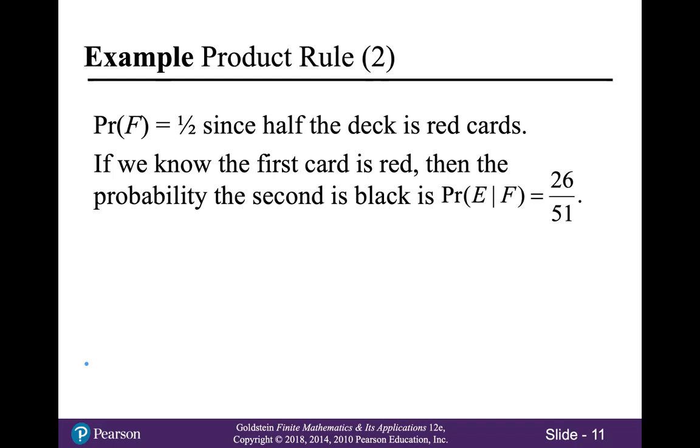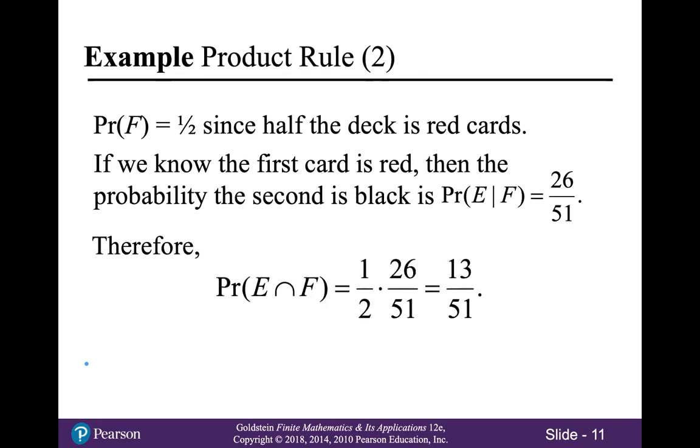So that means the probability of E given F would be 26 over 51. Therefore, the probability of E intersect F is equal to the probability of F times the probability of E given F, which is 1/2 times 26 over 51, which simplifies to 13 over 51. So just a little bit more than 1/4 chance of that happening.